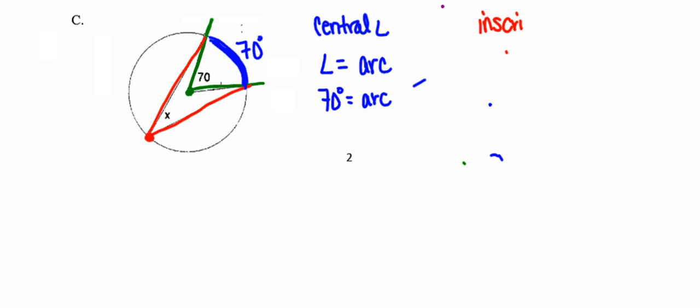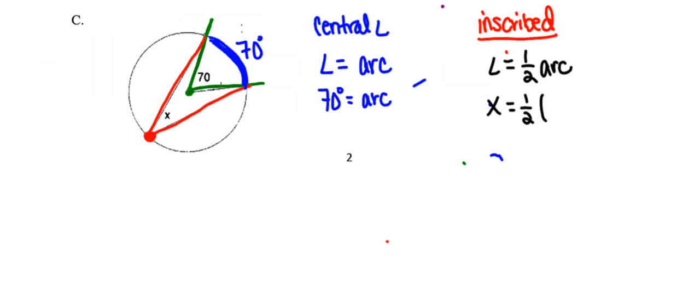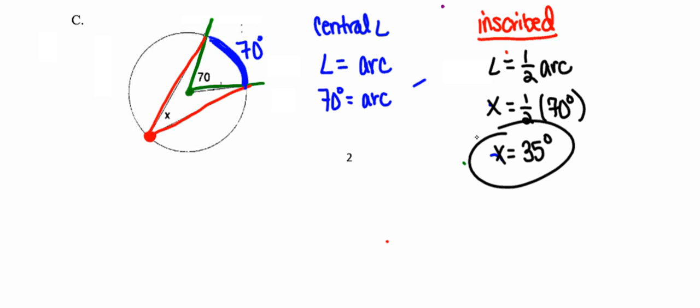My inscribed angle has its vertex on the circle. There's his vertex right there. And he follows different rules than the central angle. The rule for the inscribed angle says the degree measure of the angle is equal to half the degree measure of the arc. So in this particular case, the degree measure of my angle is x. The degree measure of my arc is 70 degrees. And half of 70 degrees is 35, making the value of x equal to 35.